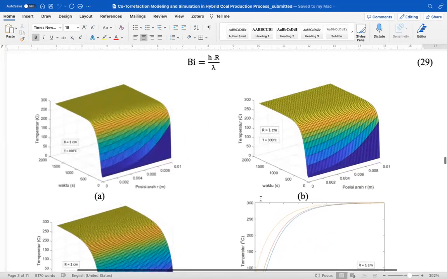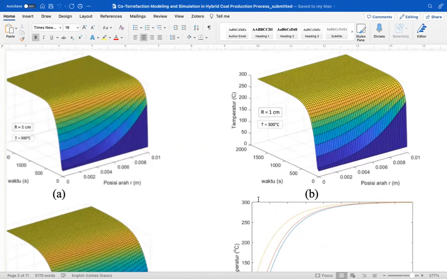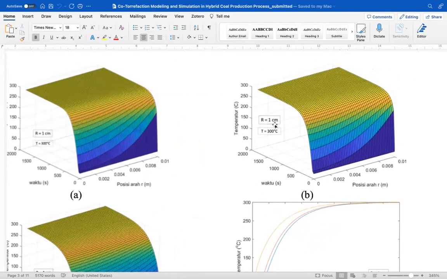At least with the modeling, you can see that if you have a ball, called the hybrid coal, at a certain time and certain position, they have a different temperature.